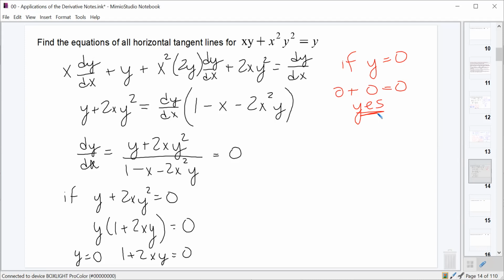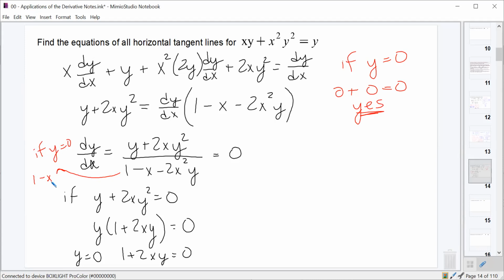graph. And if we were to think about what happens if I plug y equals 0 into the denominator of our derivative, if y equals 0, we end up with 1 minus x. And the only thing that would make that 0 would be when x equals 1.